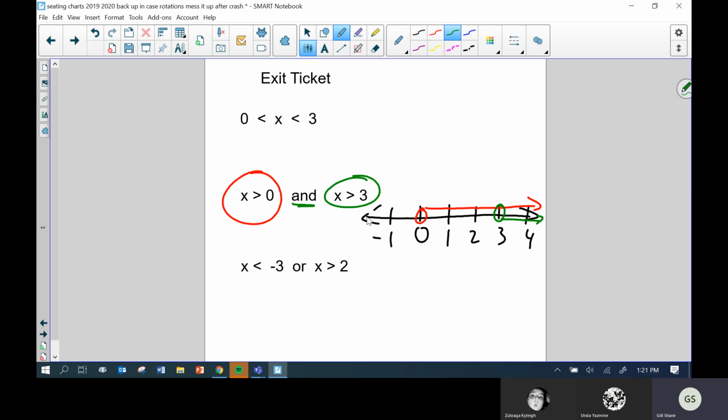It's not that. x is greater than 0 because it's on the right, and that's where the alligator mouth is going toward the x, but it's got to be less than 3. So when you graph it, keep that in mind. The middle section between the 0 and the 3 is your final answer. You need to have the numbers on there. Don't just do this and expect to get 100%, but it winds up looking pretty much like this.